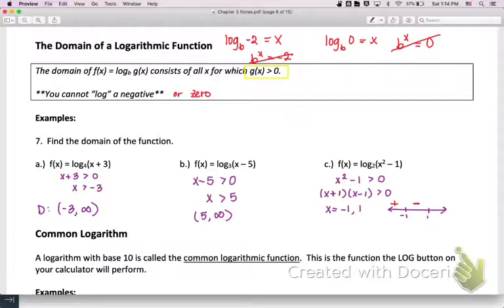If I test a number like +1 or +2, I get a positive. Because this is greater than 0, we want the positive numbers, and we can't include the boundary points because we just want greater, not equal to. So the domain in this case is going to be -infinity to -1, union 1 to infinity.